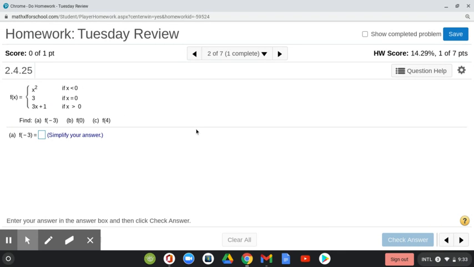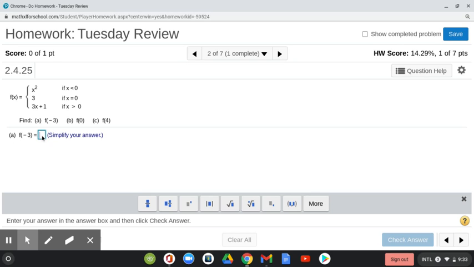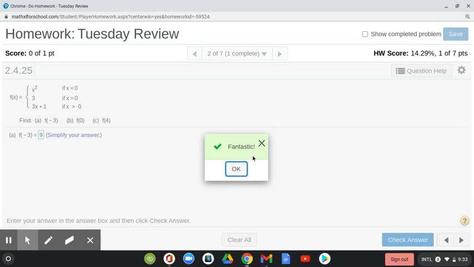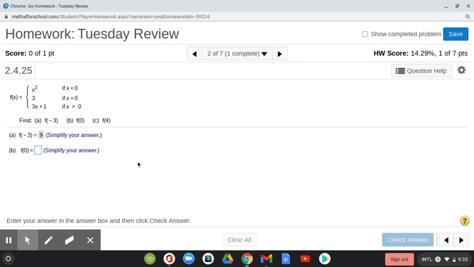Okay, on the piecewise function, x is negative 3 on the first one, so that means it's less than 0, so I'm going to square it. So negative 3 squared is positive 9. If x is 0, then f of x is 3.